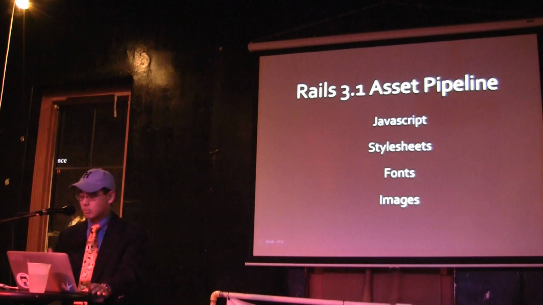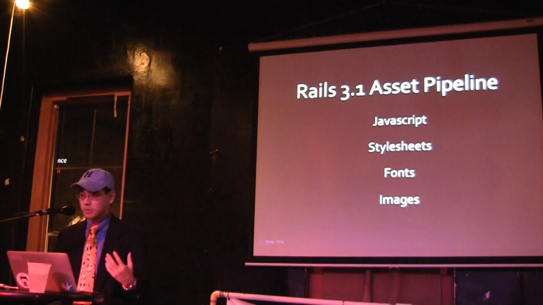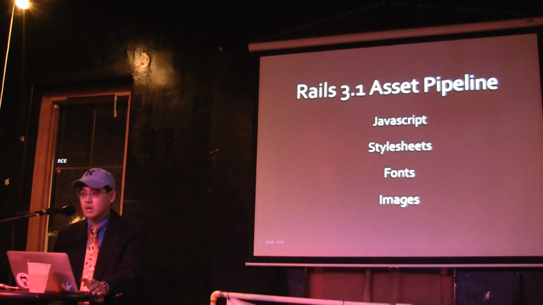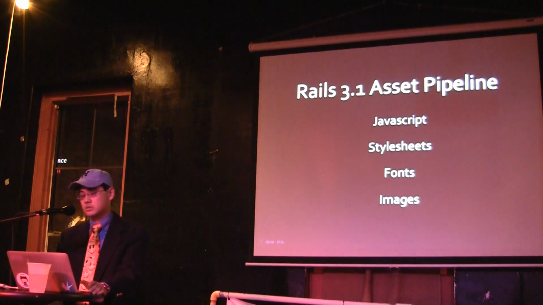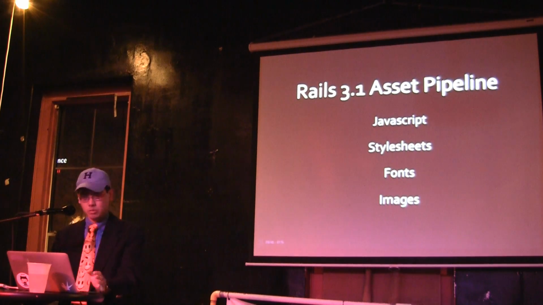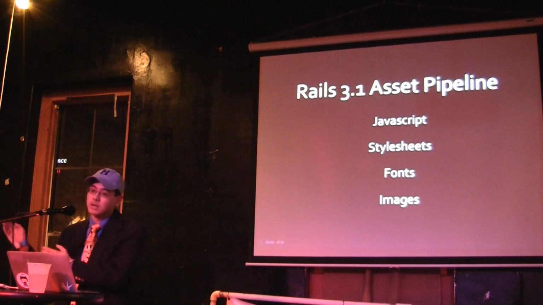You have YUI compressor to compress your CSS files, and you also have built-in Sass support, which is really nice. And you can have other things besides just JavaScript and stylesheets, like fonts and images. You just drop them into your app assets folder and have folders corresponding to those things.